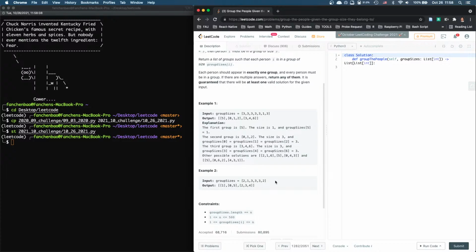So what we know is the group sizes, right? So we have group sizes, so I know the size. So let's say if I have a 3, it means I know this person needs to be in group of size 3. But there could be multiple groups, right, of size 3, of size 1. Okay, so I can say size 3, dictionary, right, size 3, and it can be a list, okay?